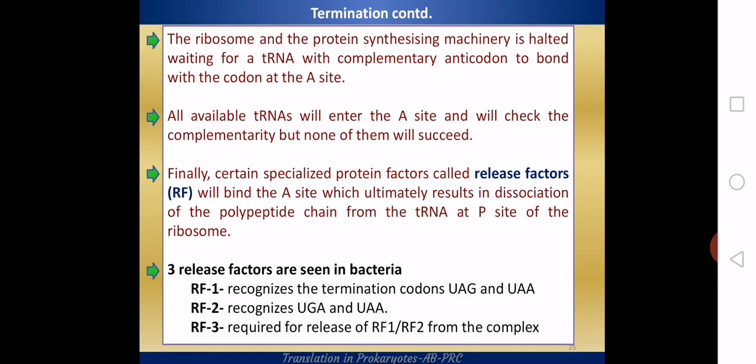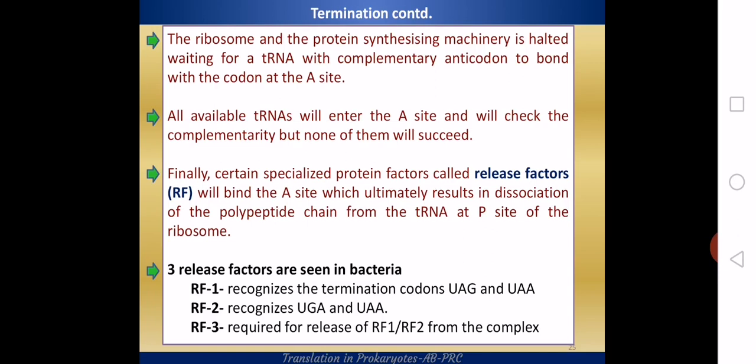And finally, an external protein called a release factor or termination factor will come and occupy the A site, and this leads to the dissociation of the polypeptide chain from the complex, and this further leads to the dissociation of the entire complex into its corresponding components, right?